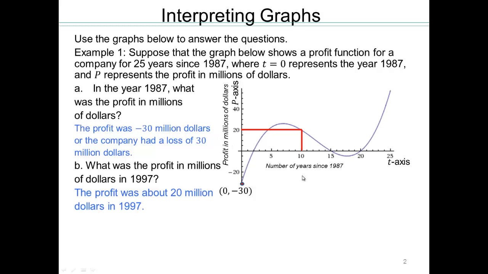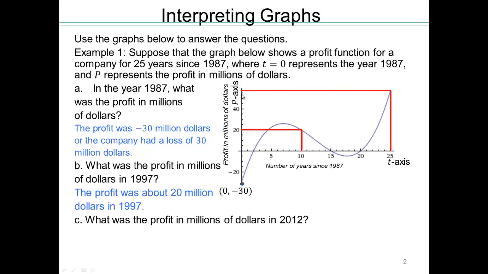All right, let's try. What's the profit in 2012? Pause the video here and see what you can do. All right, so 2012 is how many years since 1987? So this was 1997, and so if you keep counting like that, that would be right there, 25 years later, and so you would go read the profit.